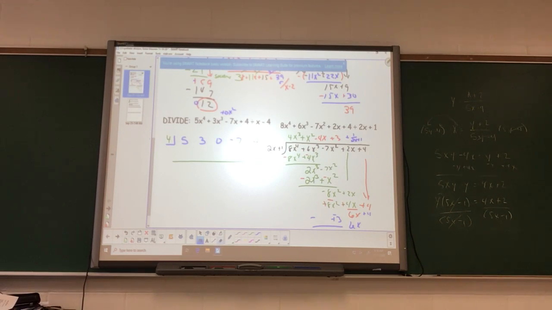Okay, your solution should be a polynomial, so write out a solution, make sure you get the remainder in polynomial form, which means you need to get your x squareds, x cubes, whatever it is.